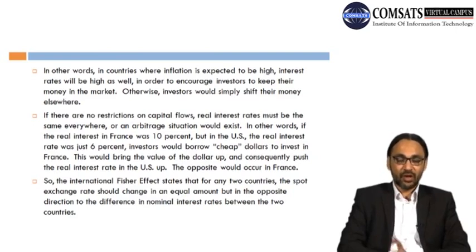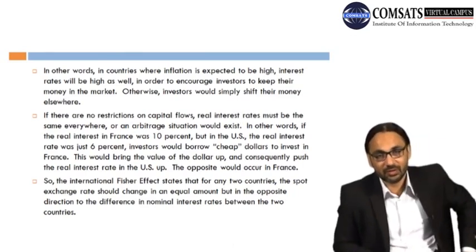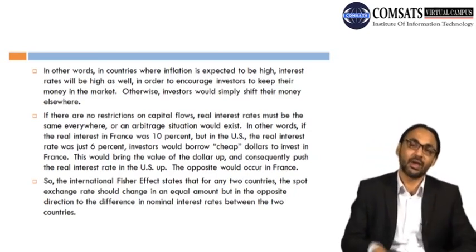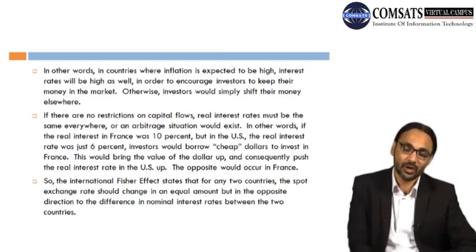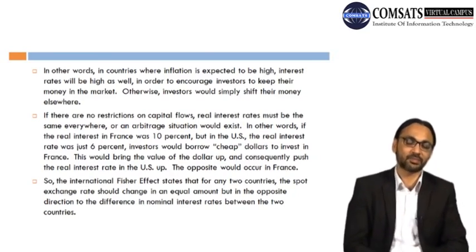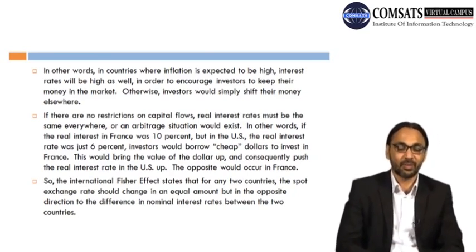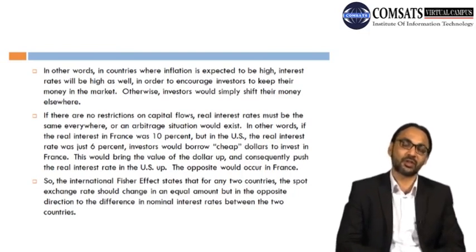In other words, if the real interest rate in France is 10% and in the US is 6%, what's going to happen? Investors will start borrowing in the US and investing in France, because the rate of interest is higher in France, and borrowing is cheaper in the USA at 6%.